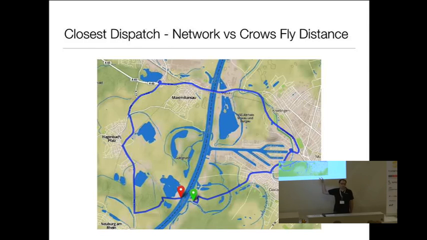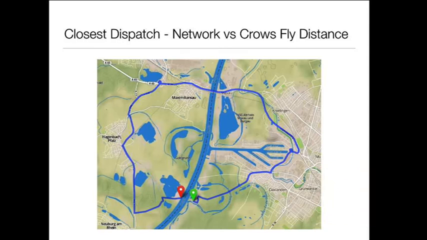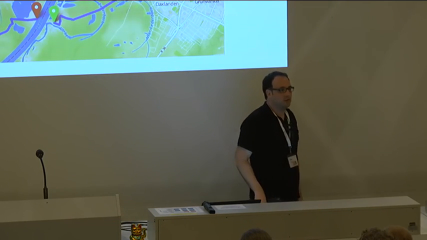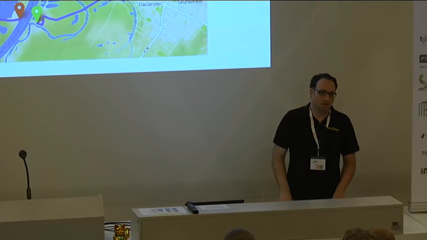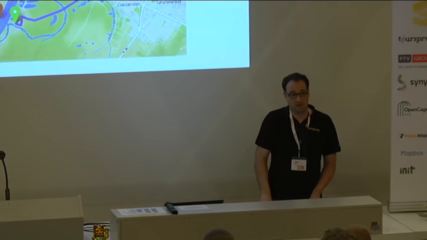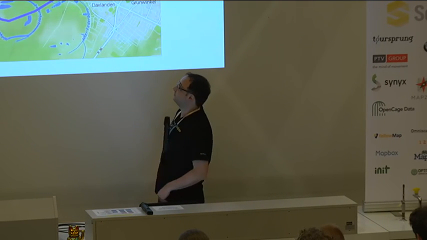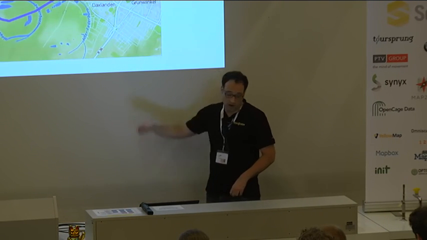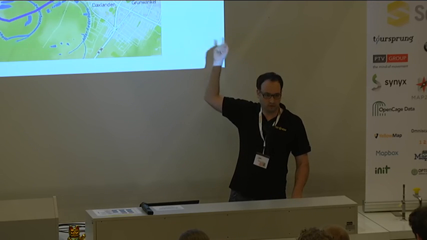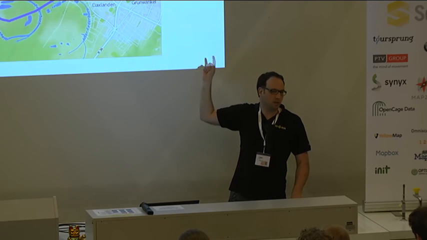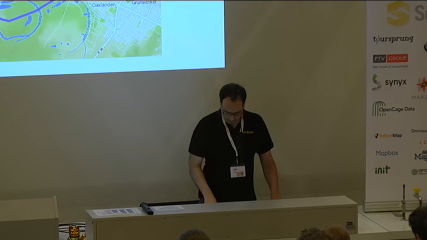You don't want to use cross-flight distance, because although these two are only 200 meters apart from each other, it takes like 30 minutes, 45 minutes to reach them. So what we want to look at is network distance. How long does it take in the road network to reach the one person? Also, we have to cross the bridge here, and if you're local, you know that's usually clogged by a traffic jam.